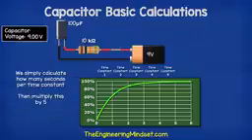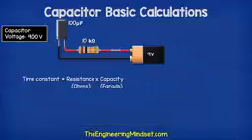All we need to do is to calculate how long one time constant is, and then we multiply this by 5. To calculate the time constant, we use this formula. Time constant in seconds equals the resistance in ohms multiplied by the capacitance in farads.